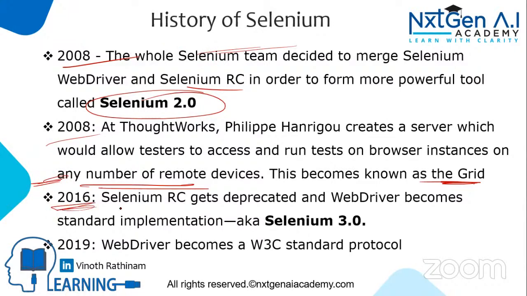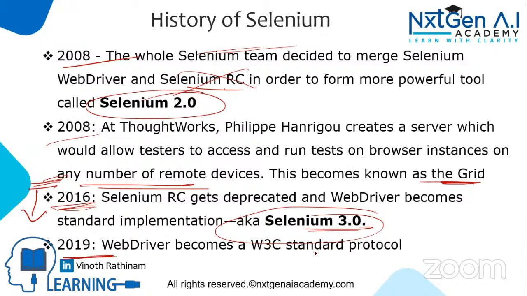In 2016, they removed Selenium RC and came up with Selenium WebDriver, which they call Selenium 3.0. Now 4.0 is also there. You don't need to worry about that. From 2016, all the important upgradations happened.